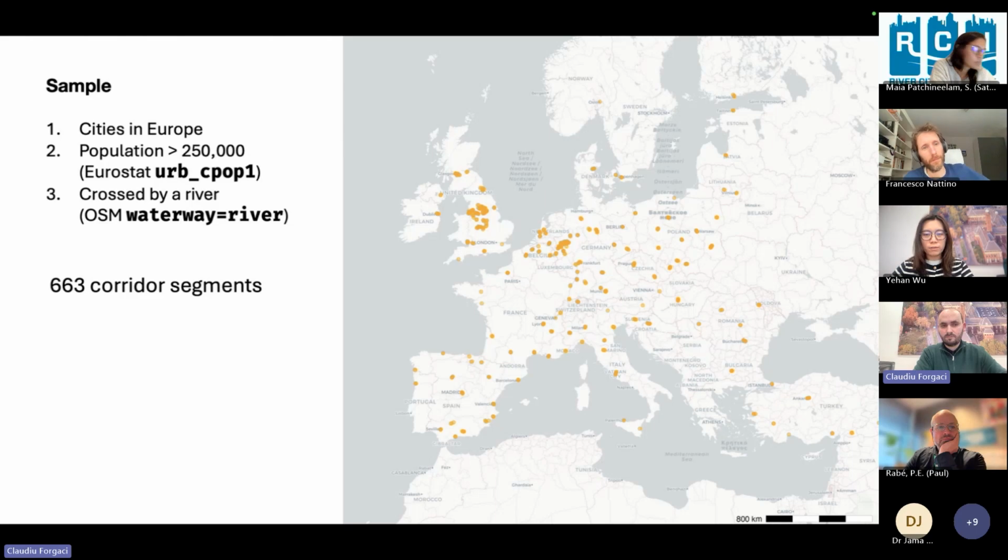So then we found that using Rcrisp, we can delineate 663. You can see how they are located across Europe.